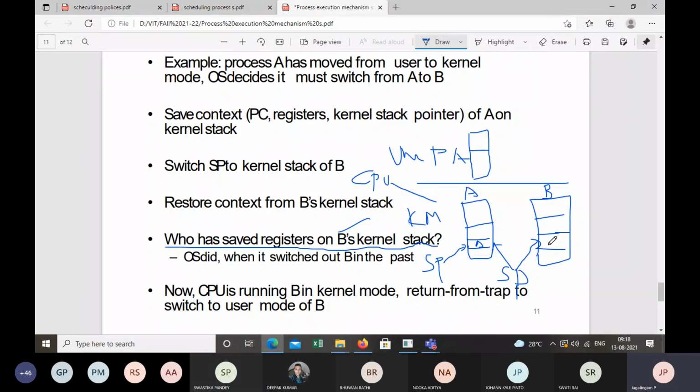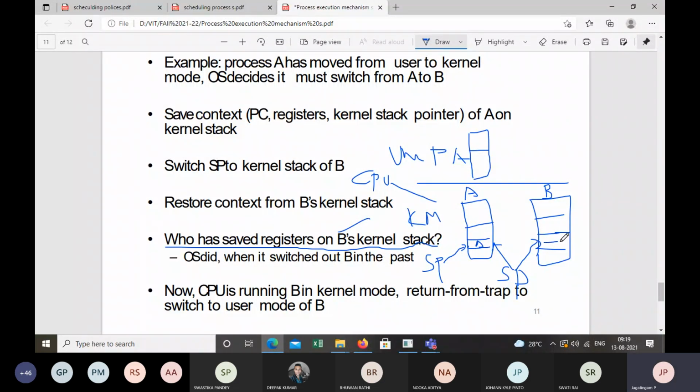That is, in the past, the operating system executed process B for some time, and at that point the operating system said enough of executing process B. So when it moved from process B to some other process, it stored all the context in the kernel stack of process B. Fine.